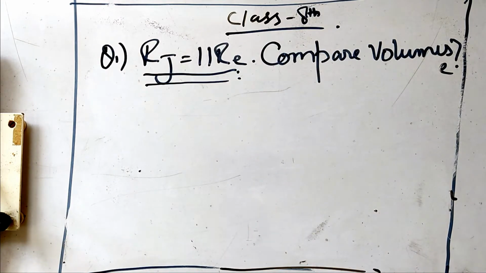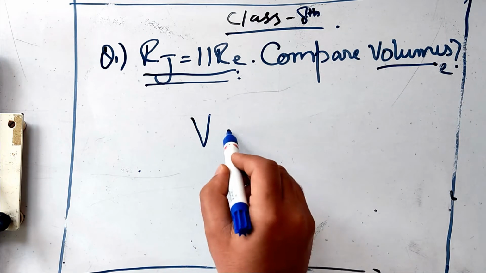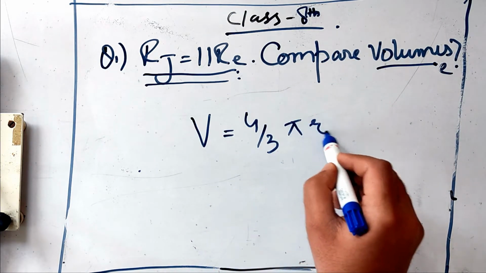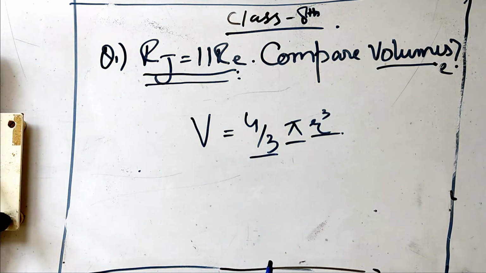We know that the shape that planets acquire is spherical, and we're comparing the volumes. The volume of a sphere is given by 4 by 3 pi r cube. 4 by 3 and pi are constants, and r is the radius of your planet.